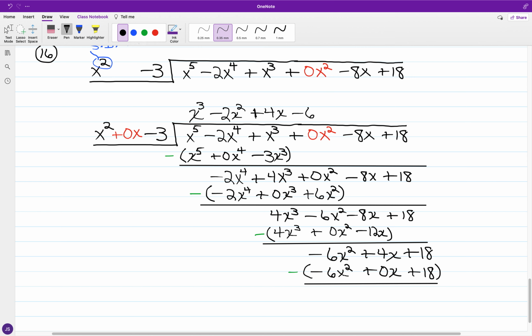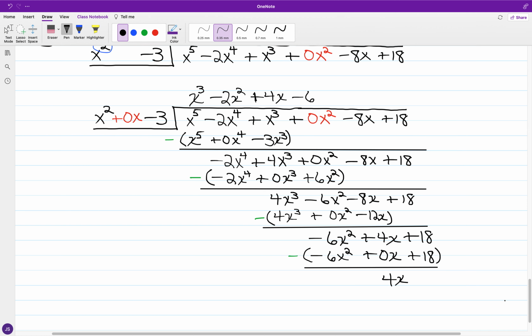Upon subtraction, we have negative 6x squared plus 6x squared, so those will negate each other. And we've got 4x minus nothing, so that leaves us with 4x. Then 18 minus 18 will go out. So in this case, we're going to have a variable expression remainder with 4x.